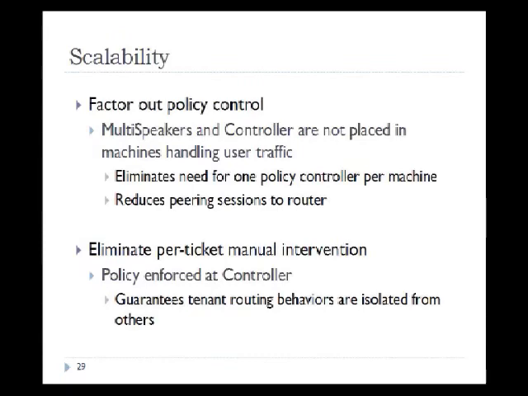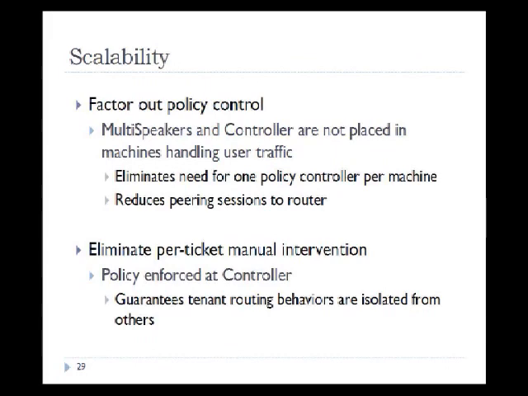And in terms of scalability, as I mentioned previously, we want to achieve scalability at the system level and human resource level. At the system level, BGP Sharp achieves scalability by factoring out policy control, meaning that the multi-speaker and the controller are not placed in machines that are handling user traffic. And by doing so, BGP Sharp eliminates the need for having one policy controller per machine. And it also reduces the number of peering sessions needed to the router, because now we don't need to have every machine that needs custom routing have a BGP session to the router.